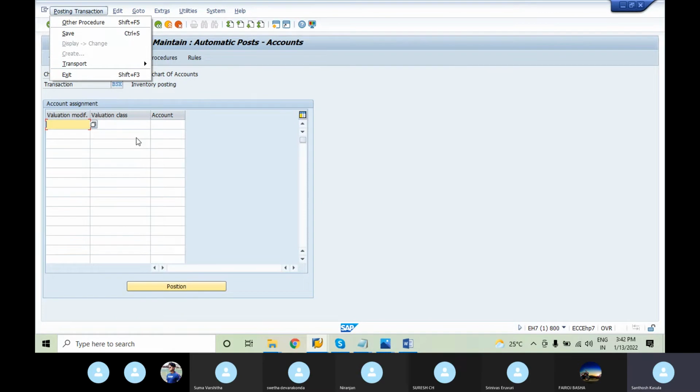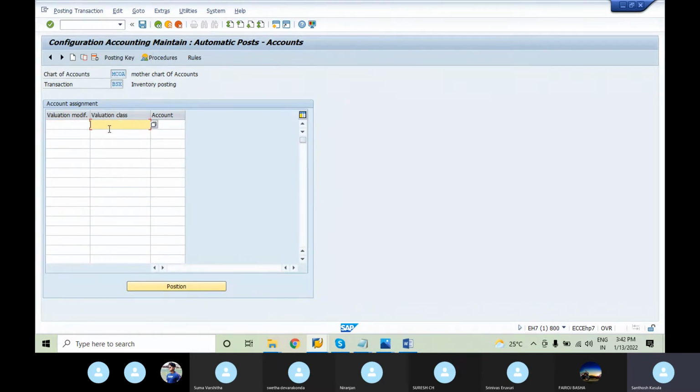We have valuation class that is 3000, 7900, which indicates which kind of material it is. We'll give that, and the accounts which have been created in the GL accounts will be assigned here to the transaction. BSX means inventory. That inventory account will be assigned here, so that is the integration between the FI and MM.